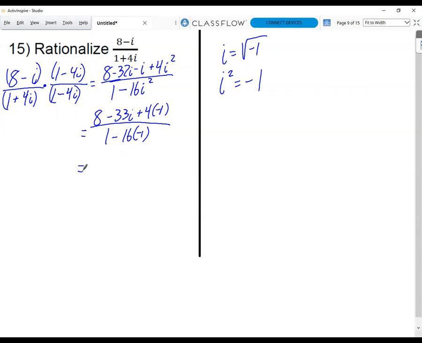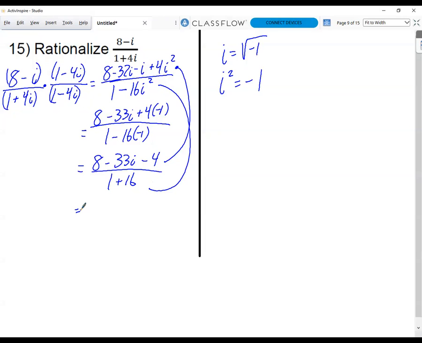When you simplify that, you get 8 minus 33i minus 4 over 1 plus 16. Notice when we change the i's from up here to down here, it just changed from positive 4 to negative 4. A negative 16 just turned to a positive 16. Not incredibly helpful, but figured I'd show you.